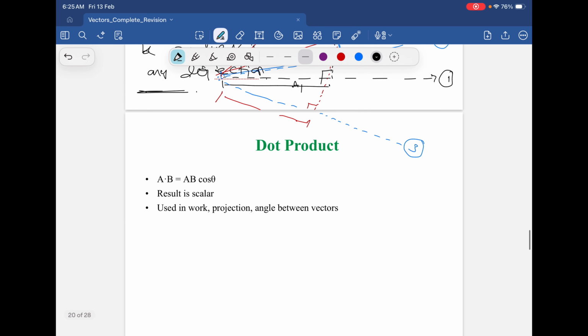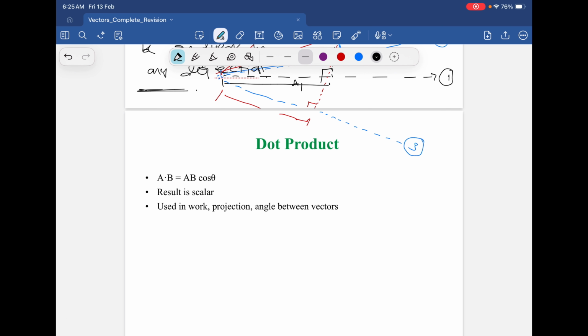Next, the last part of the vectors we are entering now is called dot product and cross product. This is what you can call vector products. These vector products are classified into 2. The first case is called the dot product. The result is a scalar, and so this is also called the scalar product.